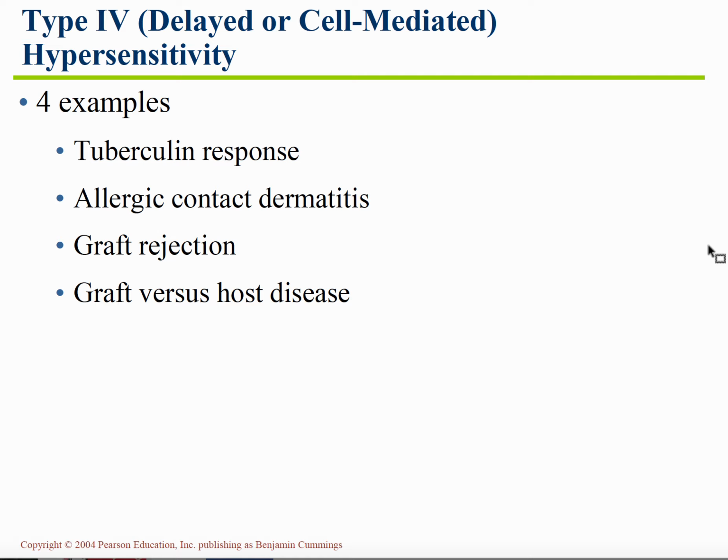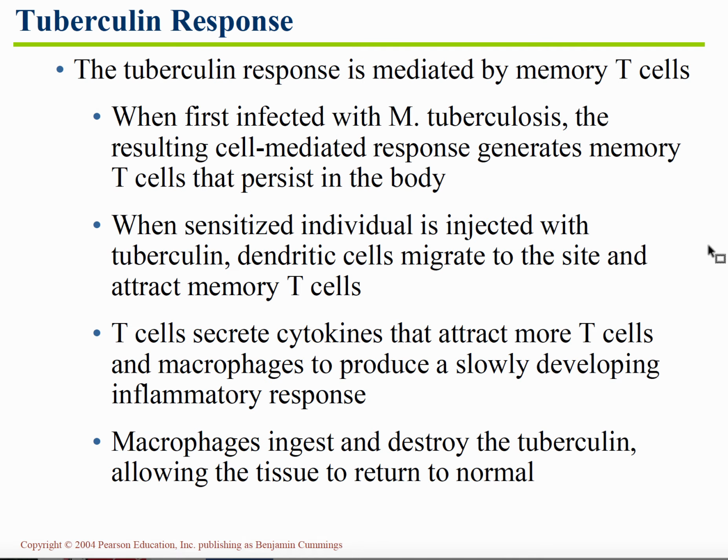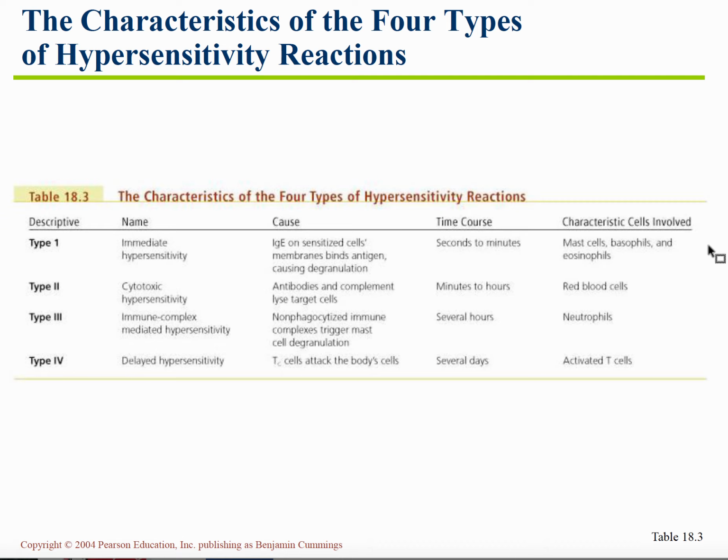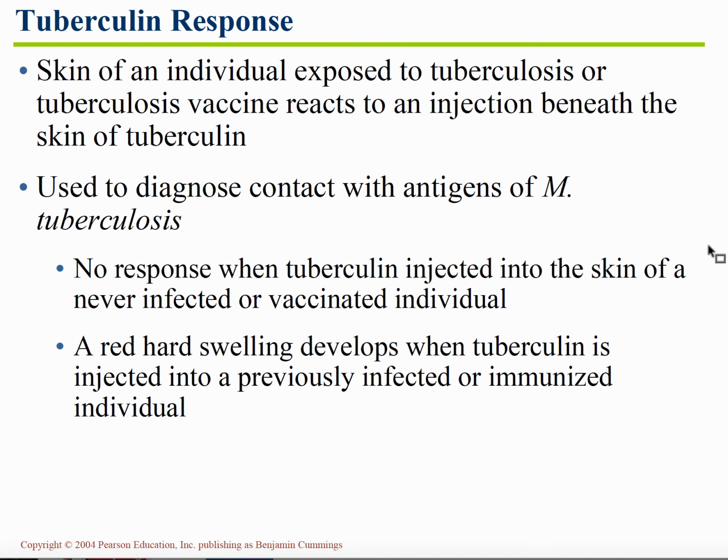And that's what they're looking for. They're actually putting antigens to Mycobacterium tuberculosis under there. No response in the skin if you were never infected or vaccinated. We'll have to talk about that more later. But you get a red, hard swelling that develops if the tuberculin is injected and you've been infected or exposed before.